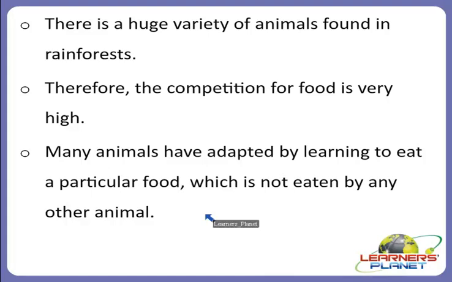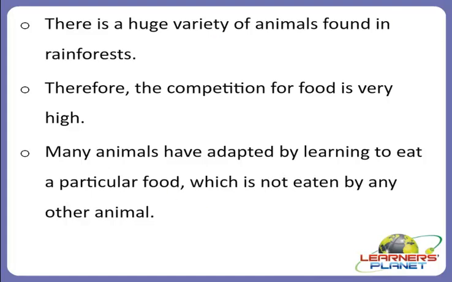So tropical forests are almost perfect for animal survival. And because so many creatures live in the rainforest, there is a great deal of competition for food, sunlight, and even shelter. So animals have developed special features in order to survive, and this is called adaptation.